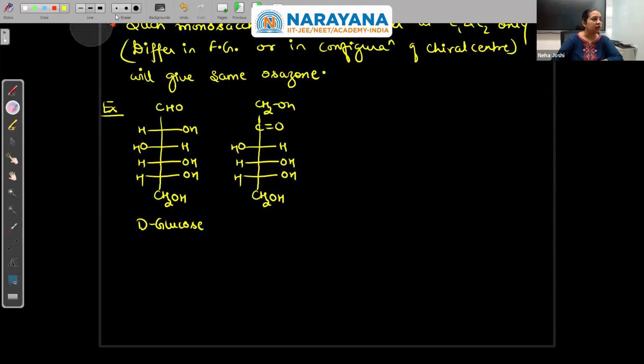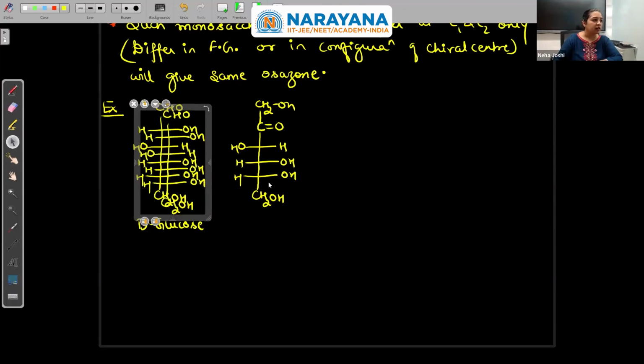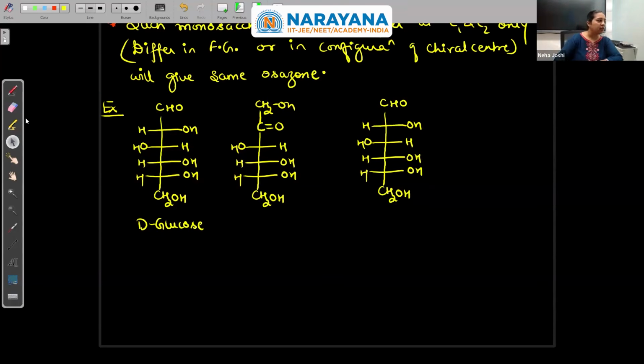Like this I can use it. I'll remove the line I drew and continue like this. Similarly, one more possibility: this change, left, left, right, right. So this was D-fructose.